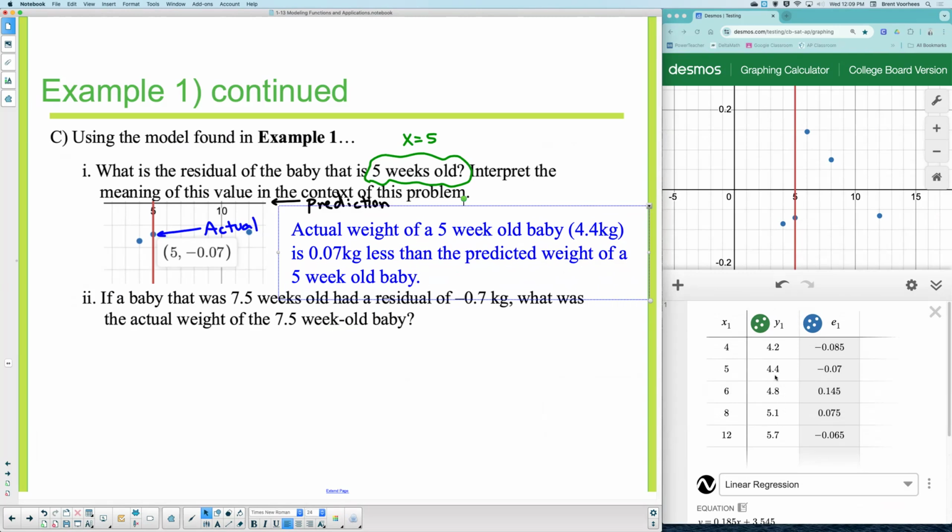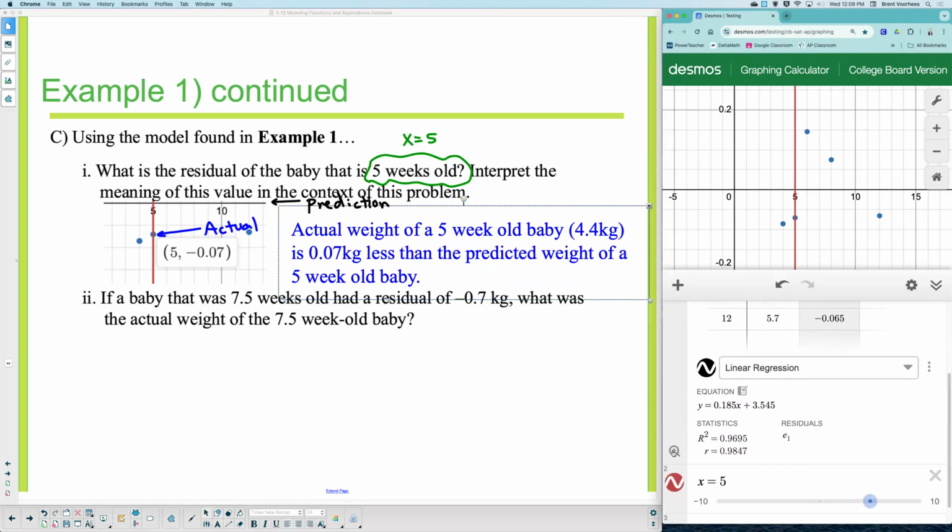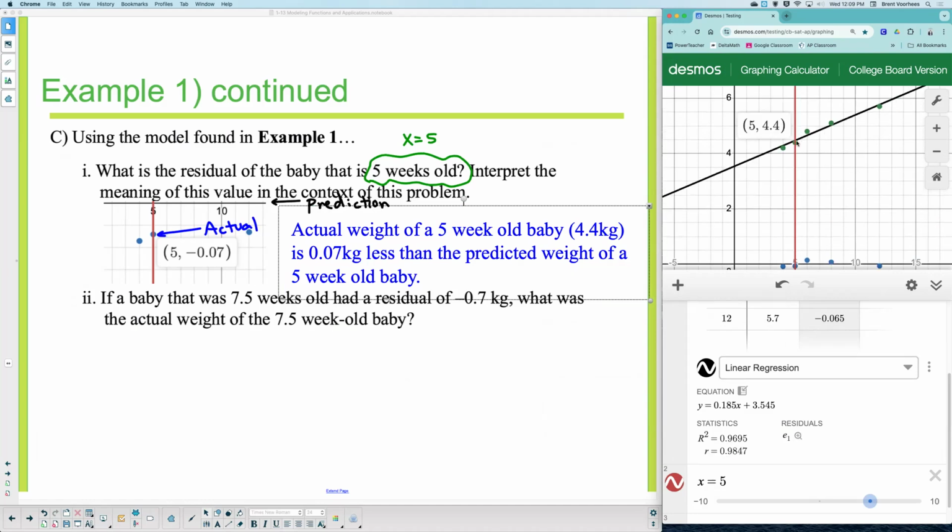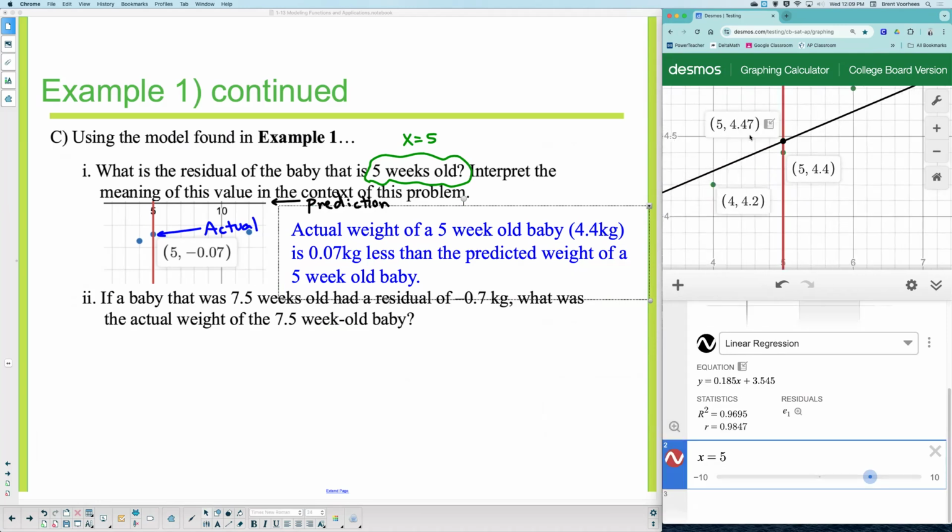So what would be the predicted weight of a 5-week-old baby? If you're not sure, zoom back out on the real line. I'm going to go back to zoom fit. I'm going to zoom fit this one. Sorry, I can't tell which one I'm hitting here. There it is. You see how it's predicting at 4.47? Why am I getting 4.47?